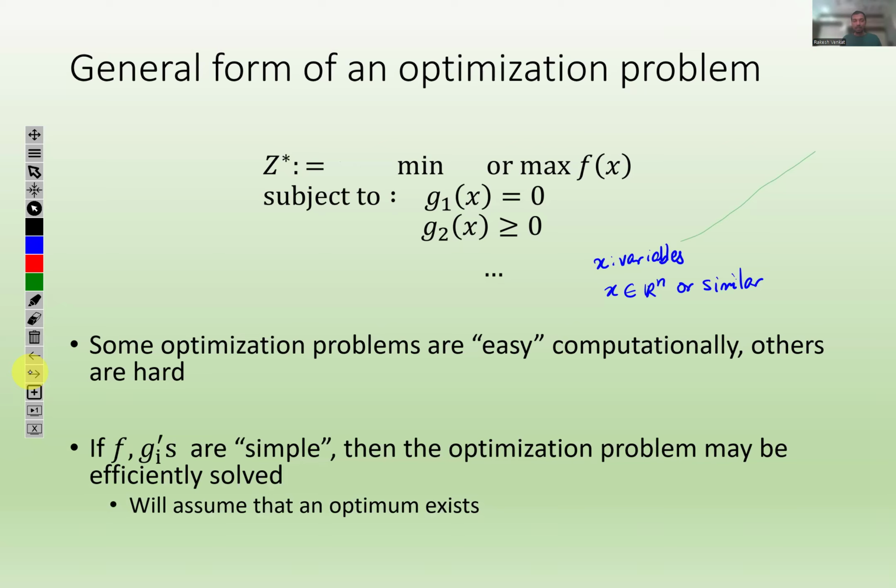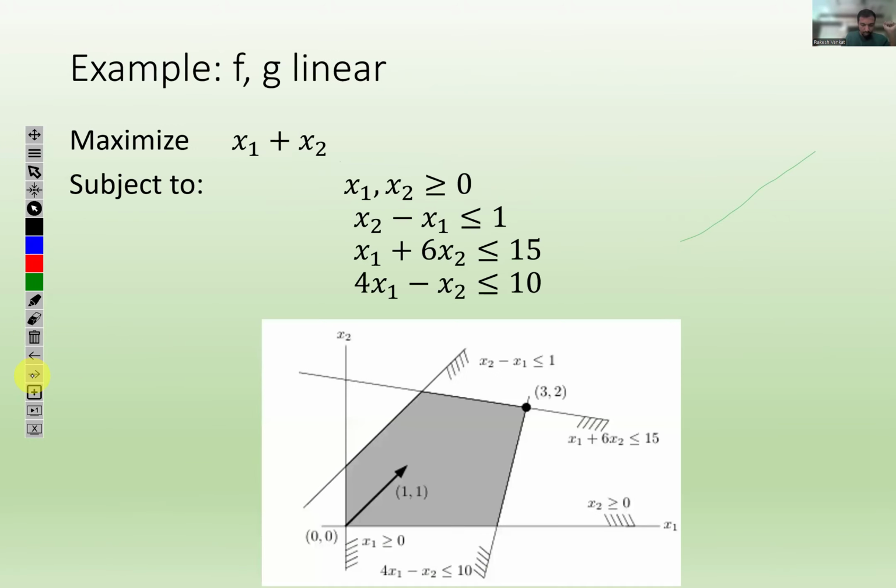Under certain good conditions, typically for the optimization problems we consider, the optimum will exist. Let's take one of the simplest ones, which many of you might have seen before, where the function f, called the objective, is maximized subject to certain constraints on the domain.